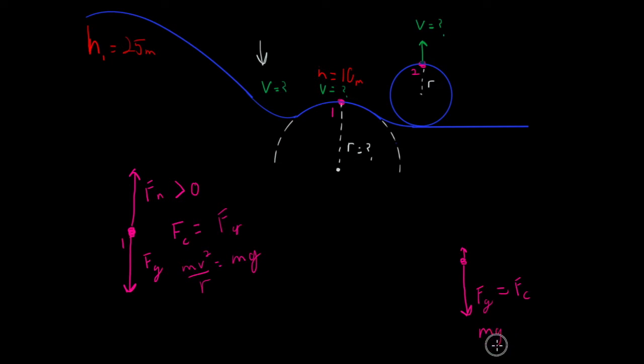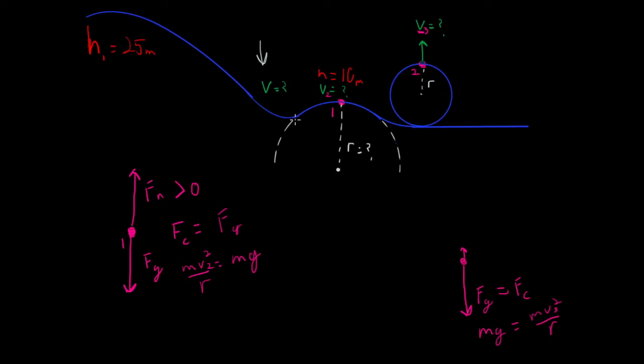So I'm going to have mg equaling mv squared over r. Now this velocity will be this velocity, so we'll call that v3. This will be v3, and this will be v2, and this will be v2. Now, we'll be able to do some substitution here to solve these.